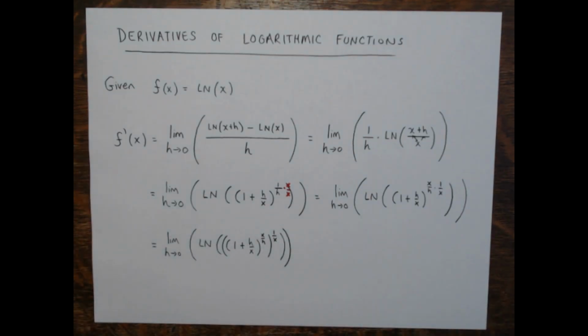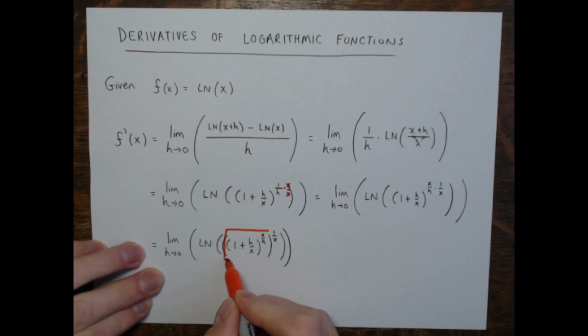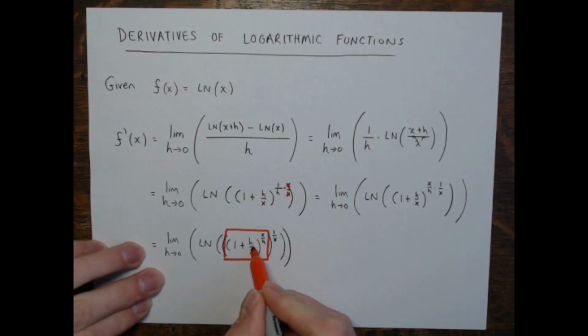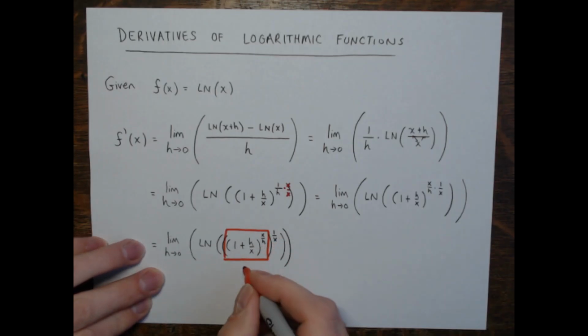Now this expression inside the logarithm, 1 plus h over x raised to the x over h, and then again that's raised to the 1 over x.